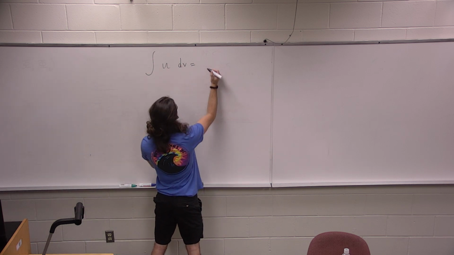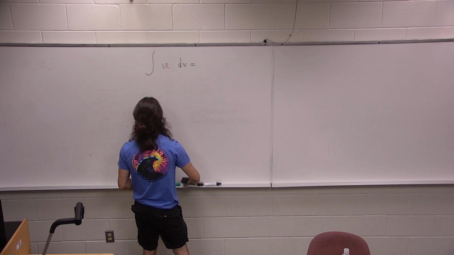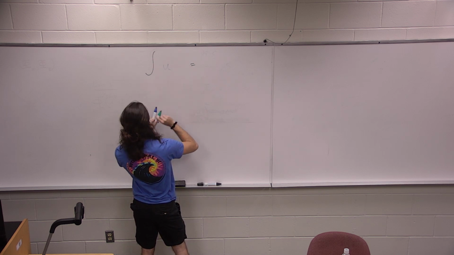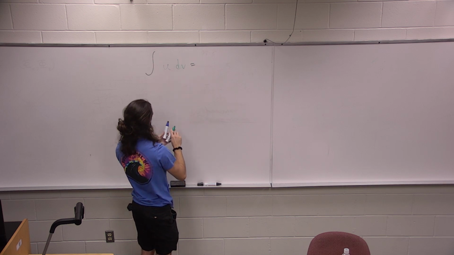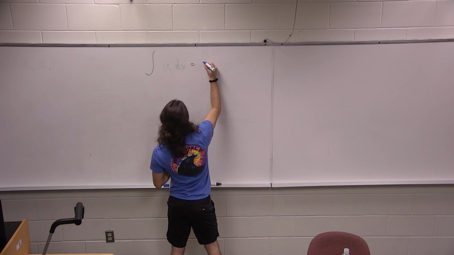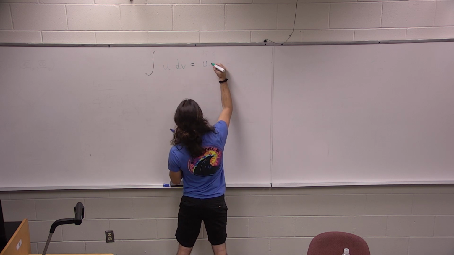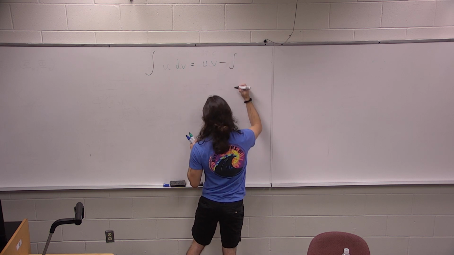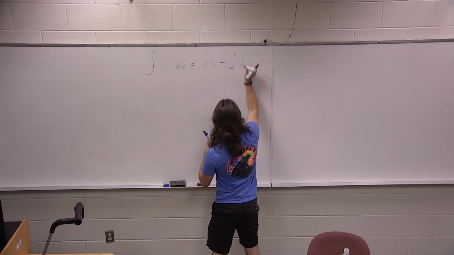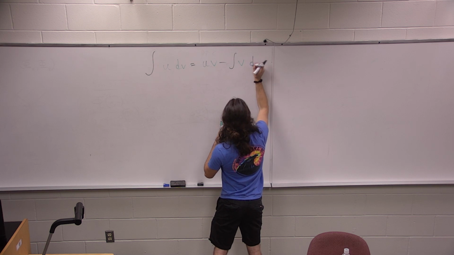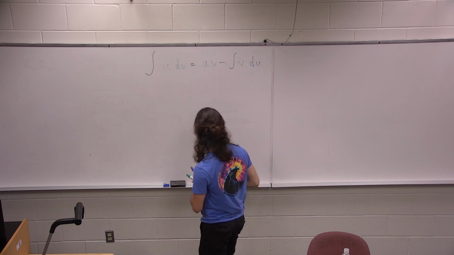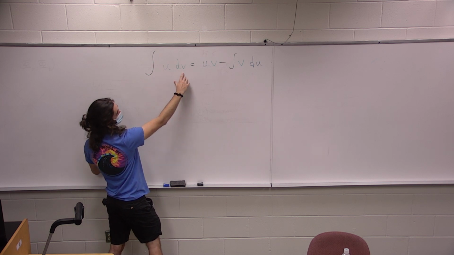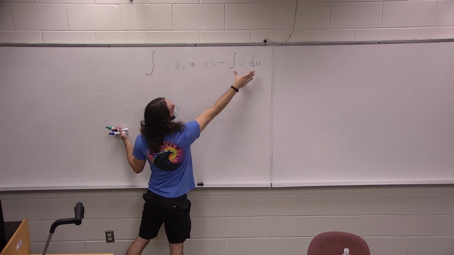It says that you can replace this with u times v minus the integral of v du. So it's saying that you can swap out this integral for some stuff and then a new integral.